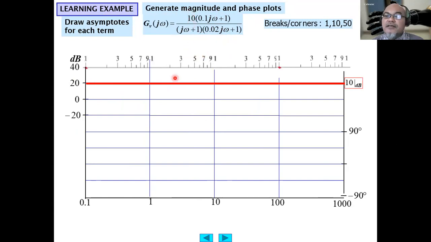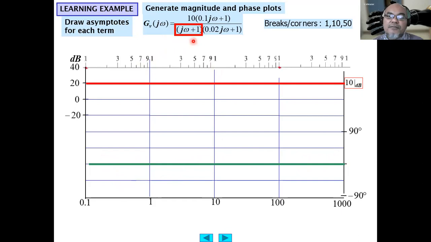This becomes the constant magnitude. 20 log 10. Log 10 is 1. So this becomes 20 decibel from this contribution from the first term here. Okay, the phase angle is constant at 0 degrees. Not a function of frequency.